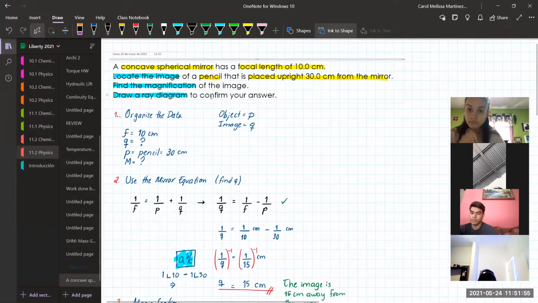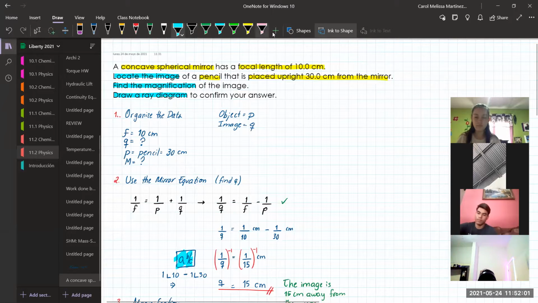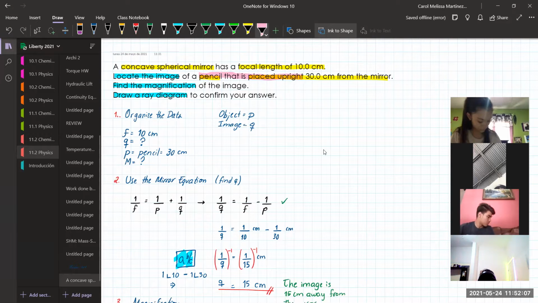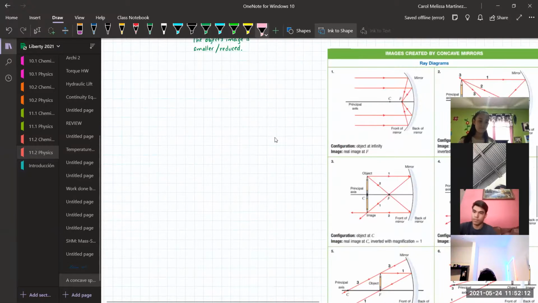Remember, the exercise tells you that you have a pencil that is placed upright. And this is very important. The reason is, this tells you about the initial condition of the object. So you start sketching the problem.